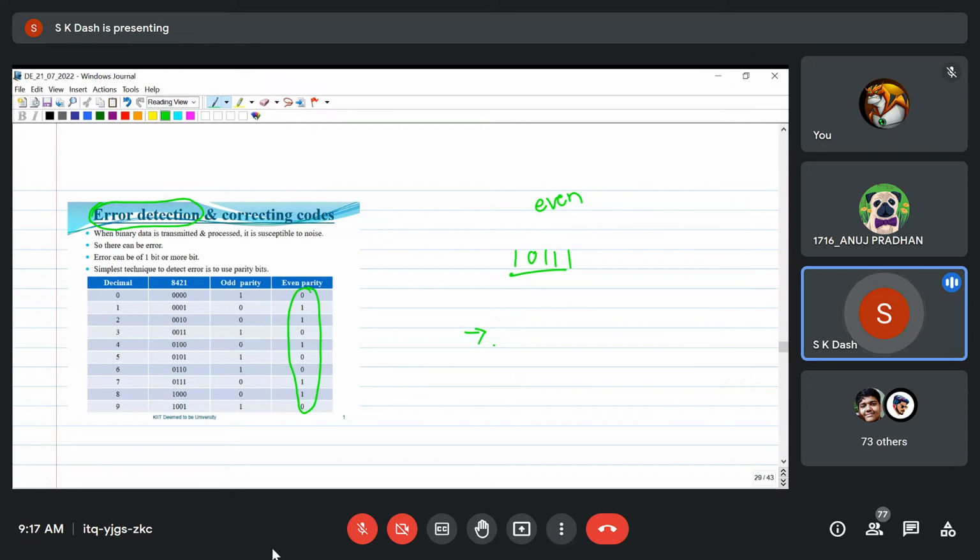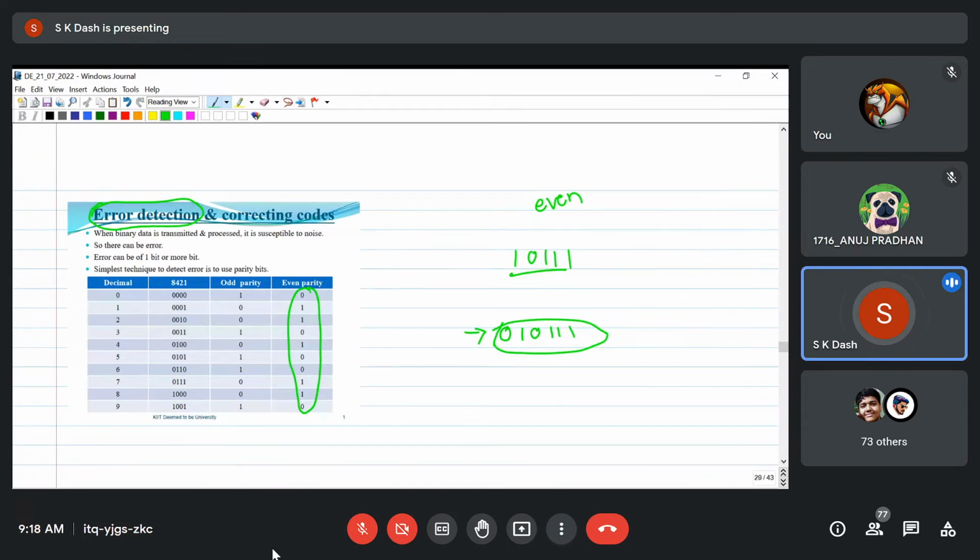You need to add the even parity bit. How many ones are there? 4 ones are there. It is already an even number. So you will add 0, giving 101110. This needs to be sent to place B.